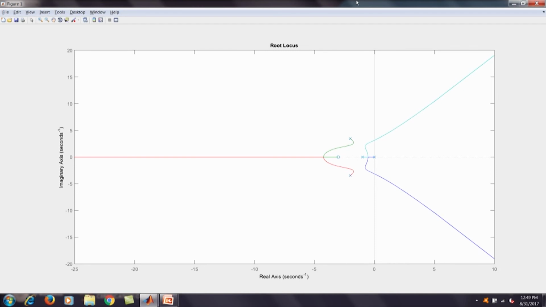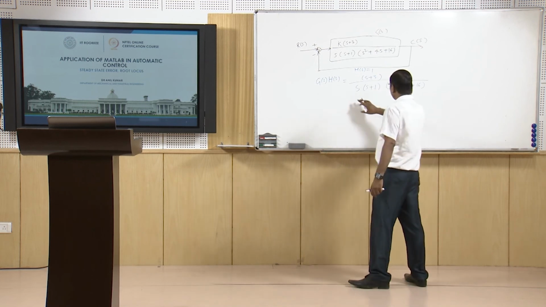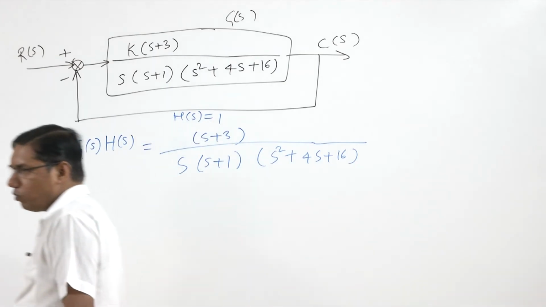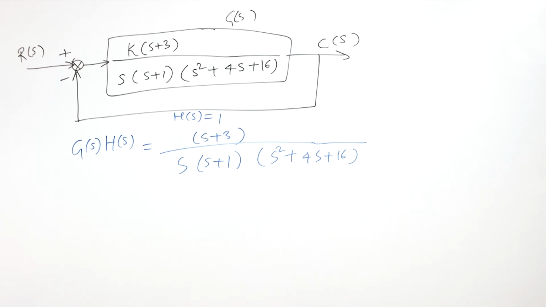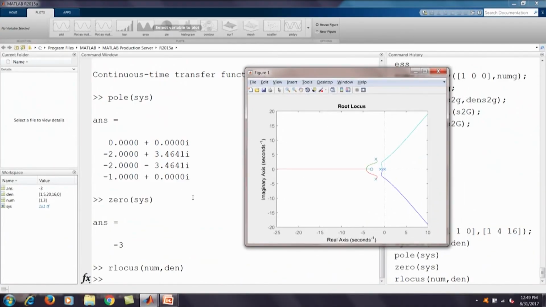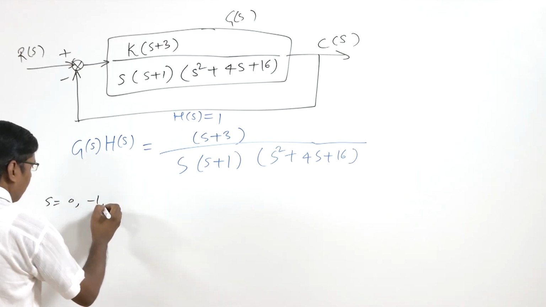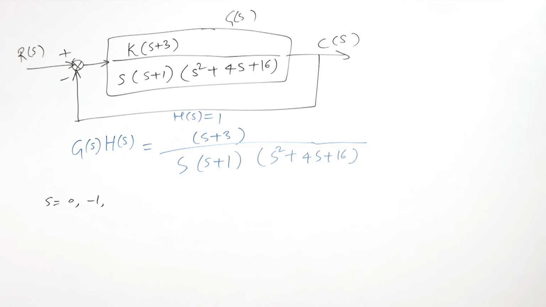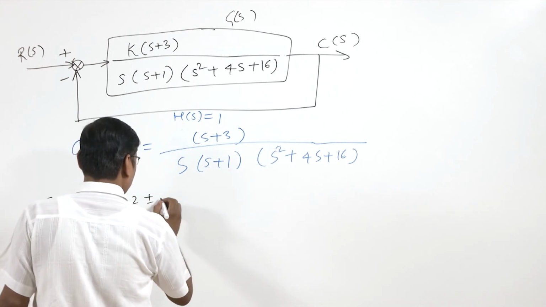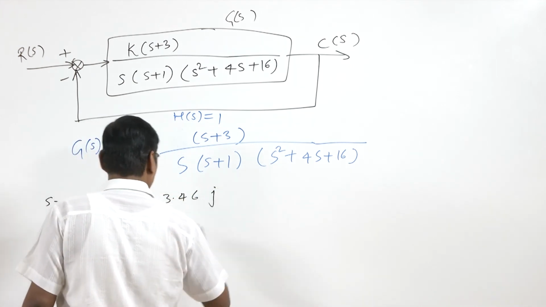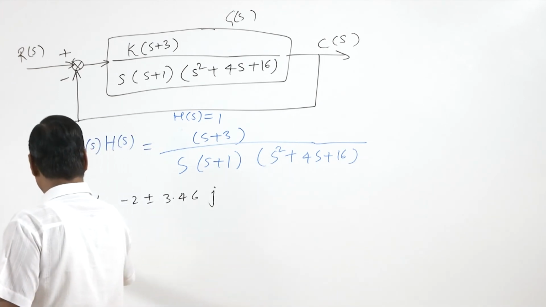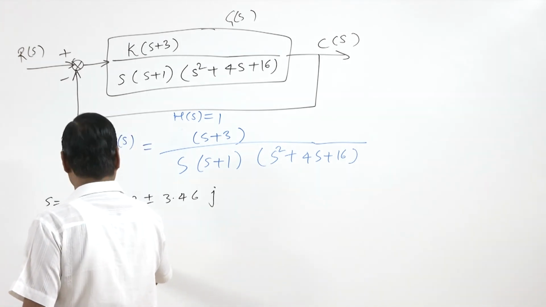So now I connect this with the theory. We first calculate these poles, which we obtained here: 0, -1, and then -2 ± 3.46j. So these are the 4 poles, and the zero was at s equal to -3.